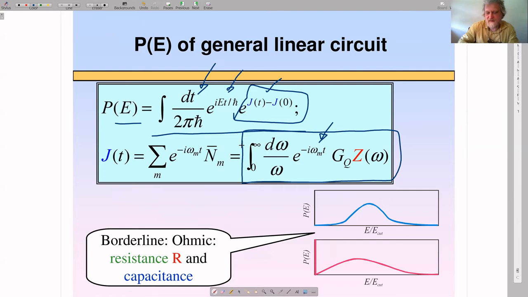I don't put the real part explicitly. So if one knows the impedance, its frequency dependence, one can compute this function J and put it here.